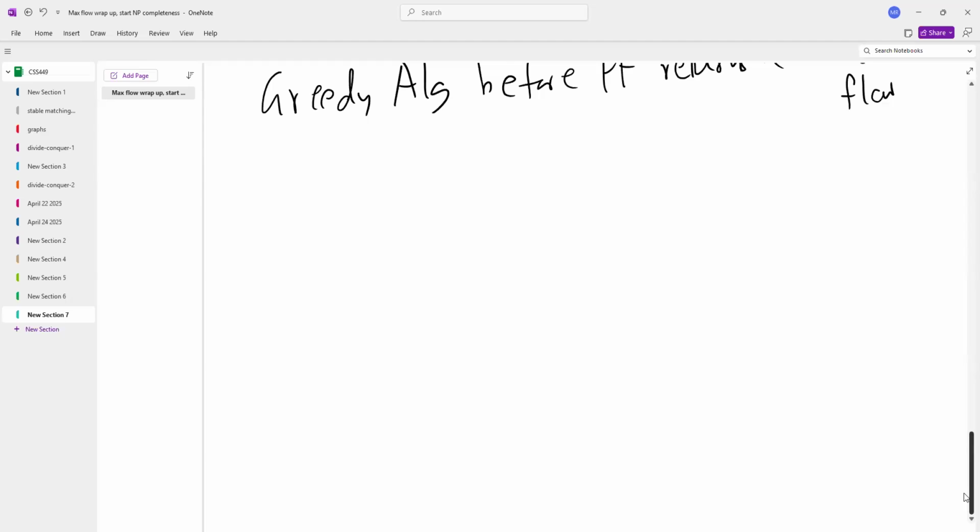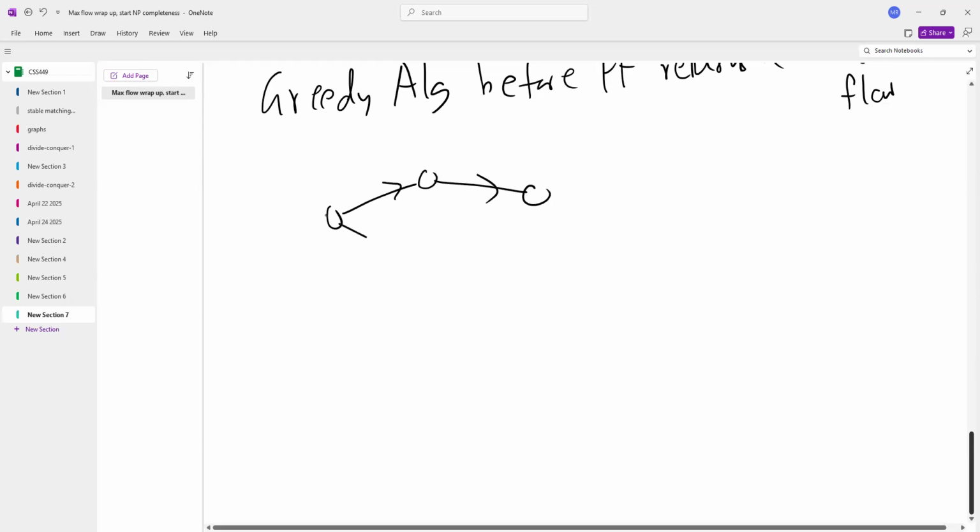In a blocking flow, if you are using the greedy algorithm, the greedy is trying to find one path, and in one path it can saturate at most one edge. So it's like 2, 7, 11, 2, 13, 1.